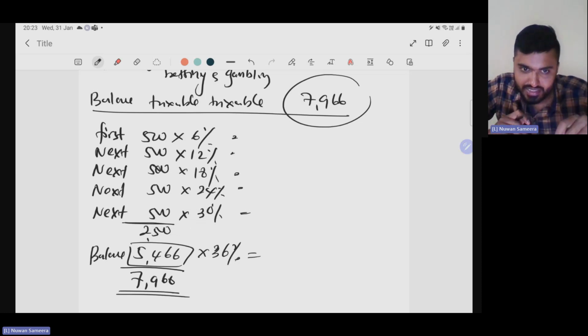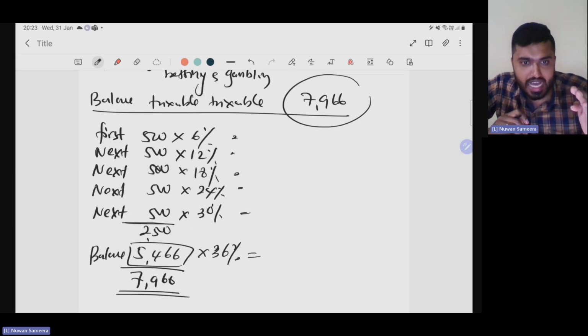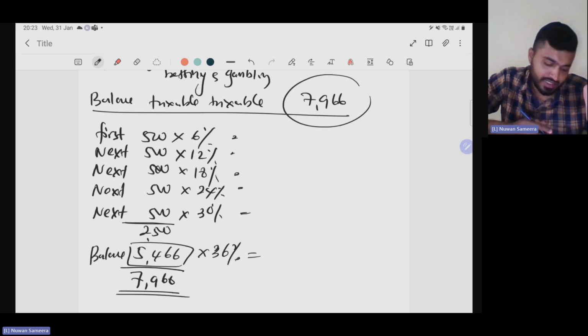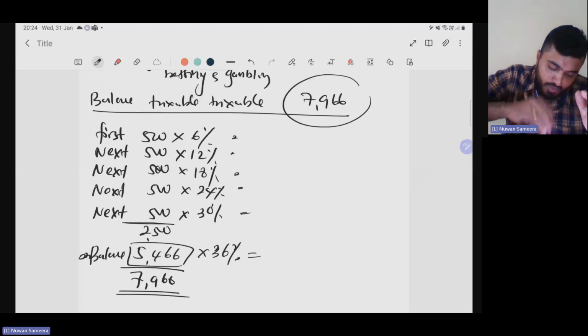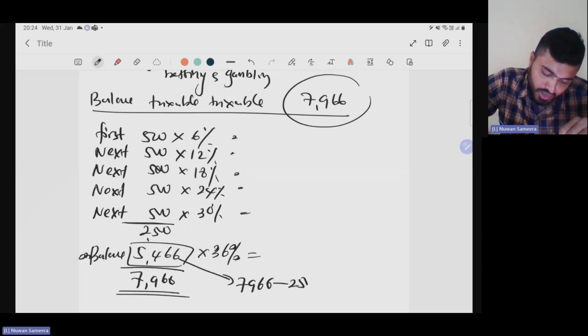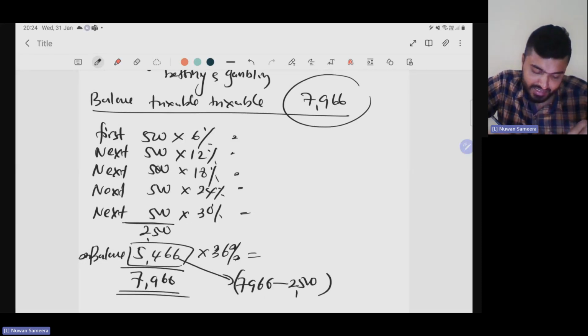Clear or not clear? After the 30%, that means after 2.5 million taxable income, the total on balance should be taxed at 36. On balance, how do you get it? 7,966 minus 2,500. Did you get that?